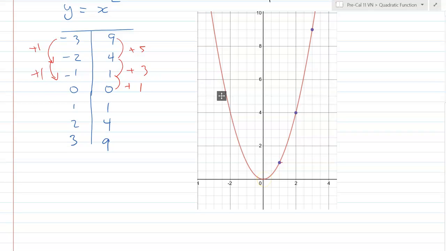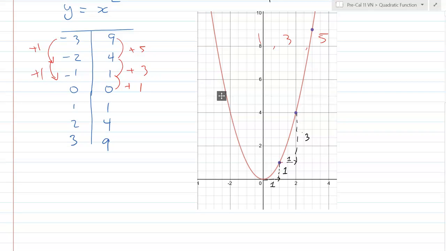From here to here, there's 1 unit for x, and it goes up 1. Then you go again 1 unit for x, but this time, between 1 and 4, there are 3 units up.